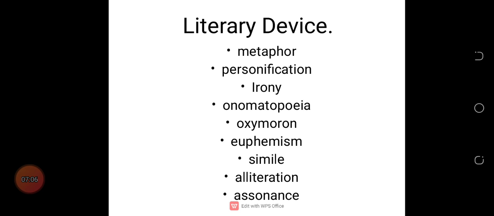The words used suggest the meaning. An example we are likely to come across is the word shuffling. Then we have oxymoron, where we have the use of two opposite words used closely together.